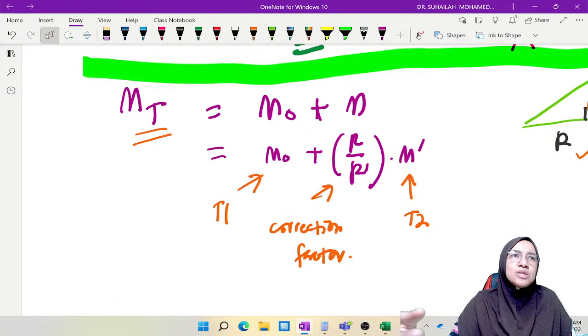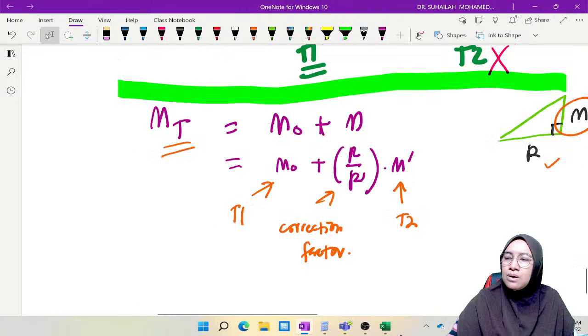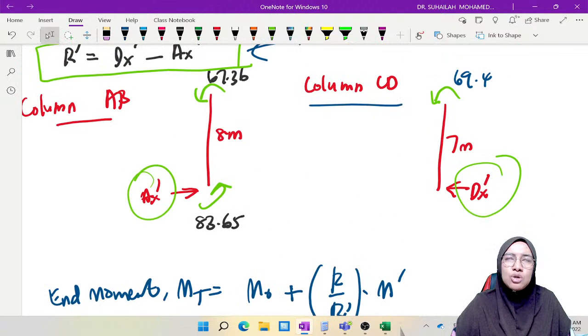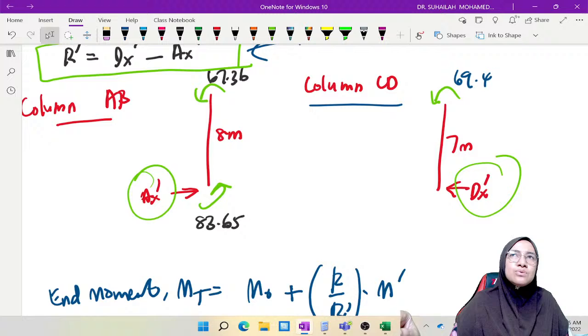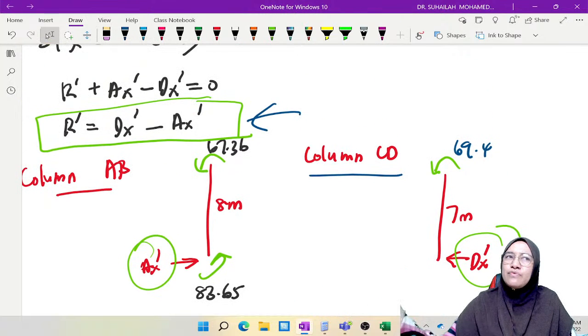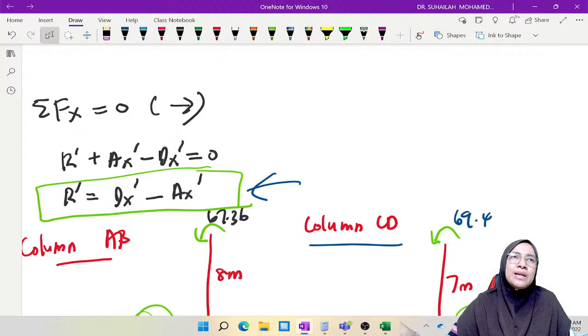I will only focus on 3A, how to assume the FEM and how to determine the FEM for the other members, depending on the first assumption, because it relates to the ratio.